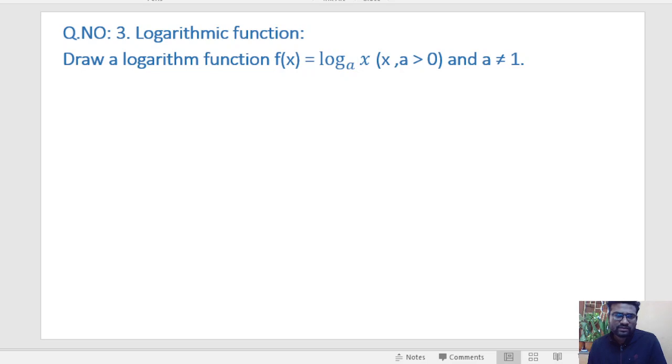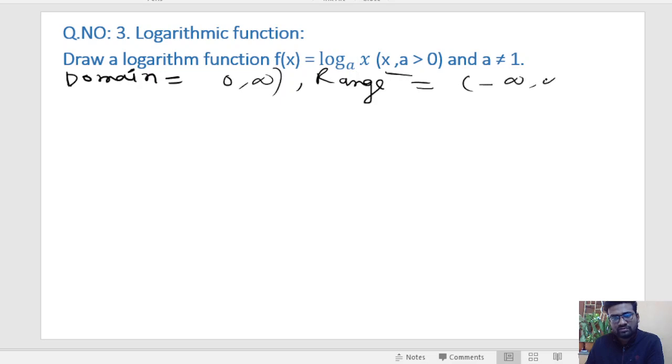What is the domain of log x base a? The domain is x greater than 0, so 0 to infinity. And what is the range? The range equals minus infinity to infinity. Everyone knows the domain and range of the given function.